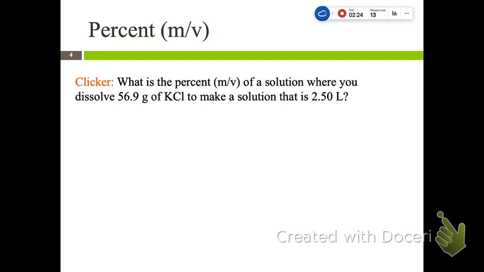Oh, wait, my bad, it's not 22.6, it's actually... Would you get 2.276? Oh, no, it forces me.